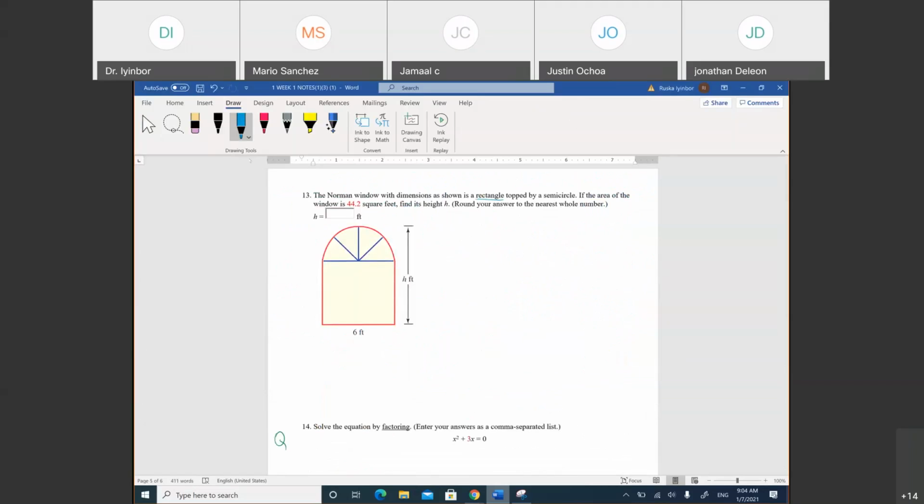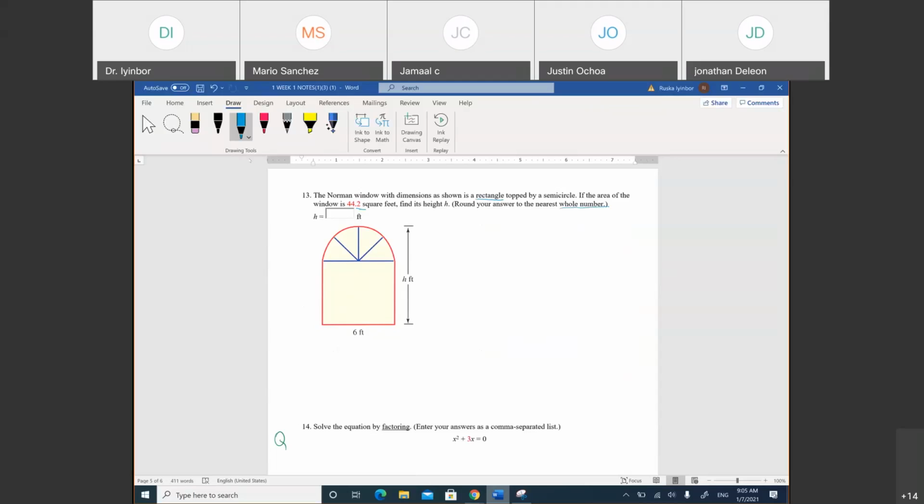They give me the area of the window as 44.2, and you have to find the height from the top of the window all the way to the bottom, rounded to the nearest whole number. Read that, because you don't keep a decimal, you just round to whatever it says.